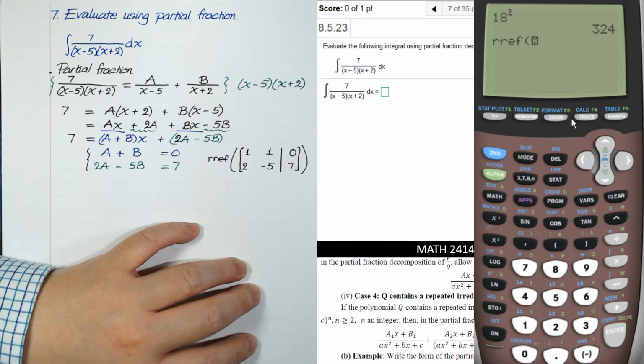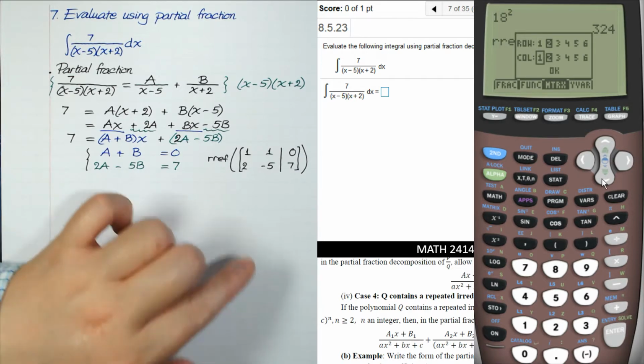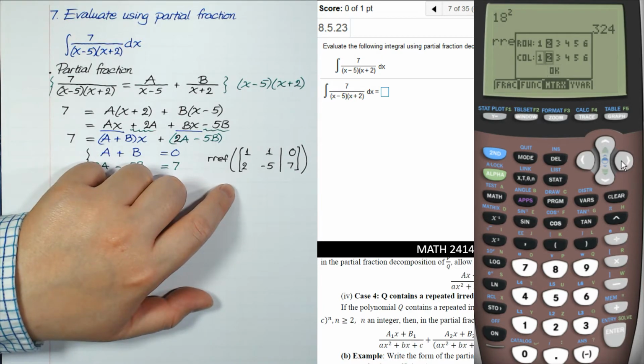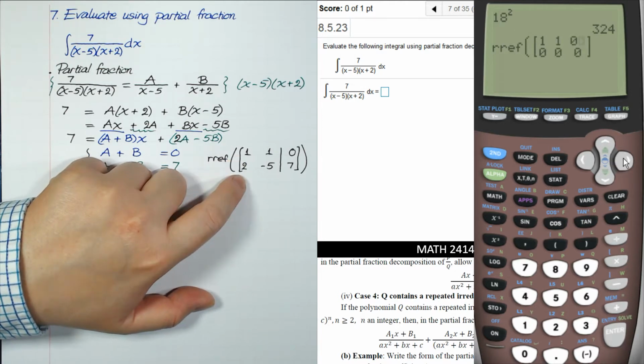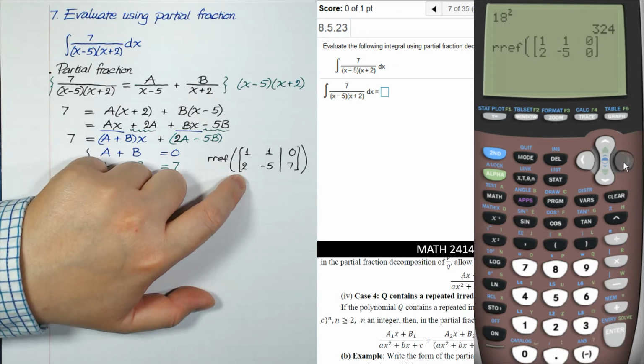Alpha and zoom, that gives us the matrix. We go to 2 rows, 3 columns, click OK. 1, 1, 0, 2, negative 5, and a 7.